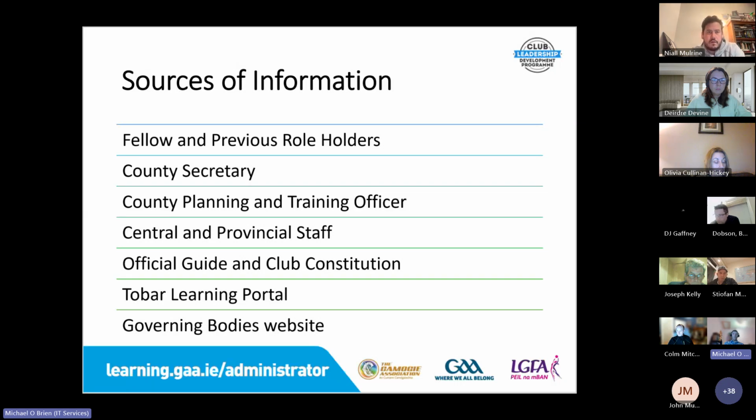Again, you have the central and provincial staff. And you might say, oh, how do I get in contact with them? Within the GAA, the naming convention for email addresses is consistent. It's your role. No, sorry, it's your club, your role, your county at gaa.ie. So theoretically, everybody here tonight knows everybody's email address.